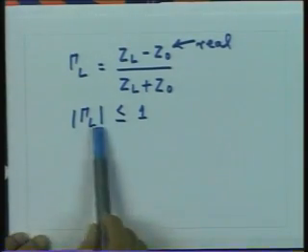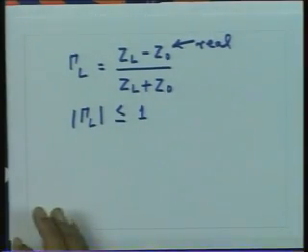what the mod gamma L is telling you is the relative amplitude of the reflected wave compared to the incident wave. Since we do not have any energy source at the load point, the energy can only get partly reflected. So, the amplitude of the reflected wave has to be always less than or equal to the incident wave.